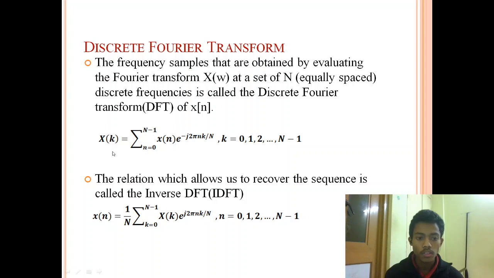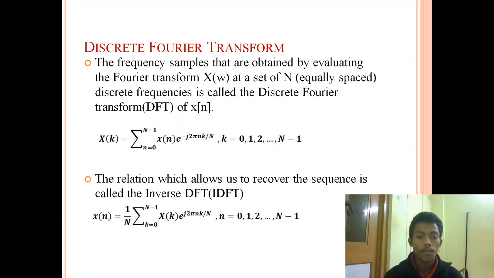Here the output is the DFT, meaning the coefficients of the DFT, and the given input is the signal x of n. Here we are finding the N point DFT. The main difference between the DFT and the DTFT, the discrete time Fourier transform, is that the DTFT is continuous in nature with a period of 2 pi.